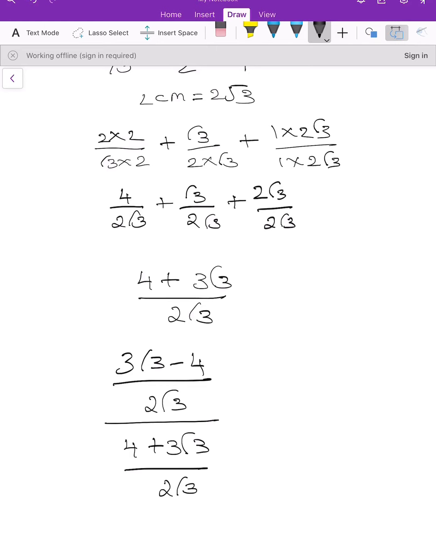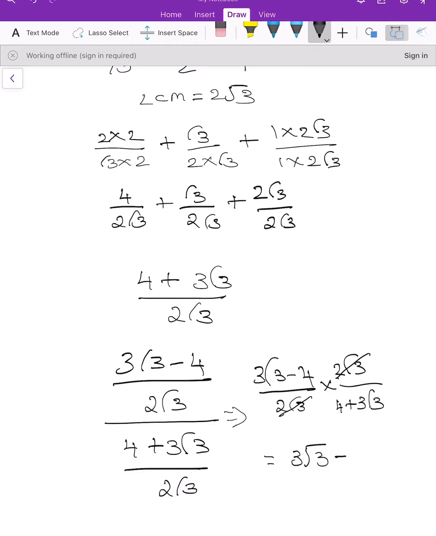In this division, the numerator will remain as it is and the denominator will be reciprocated, so it will be 2 root 3 divided by 4 plus 3 root 3. The 2 root 3 terms get cancelled, so I get only (3 root 3 minus 4) by (4 plus 3 root 3).